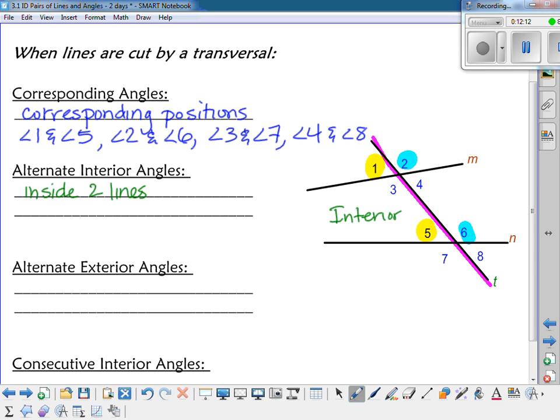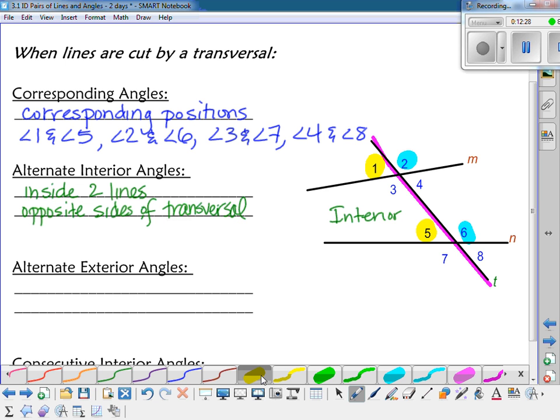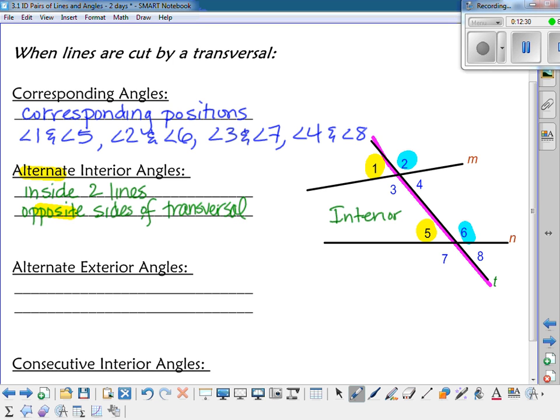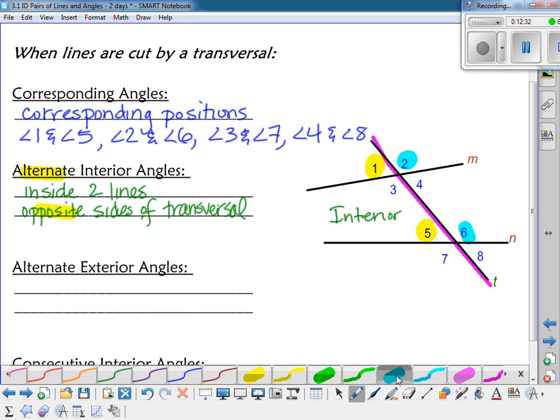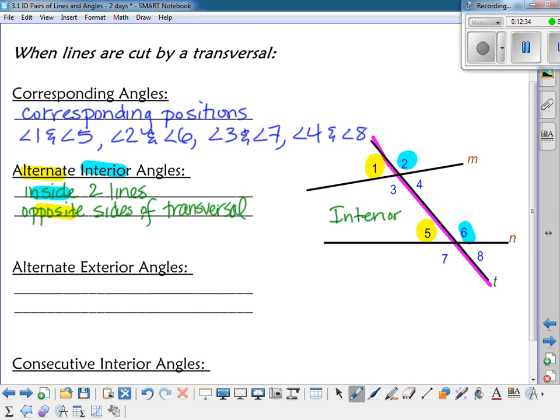And they are on opposite sides of the transversal. So that makes sense. Alternate, they're on the opposite sides. Interior, they're inside. And so the interior is between the two lines.